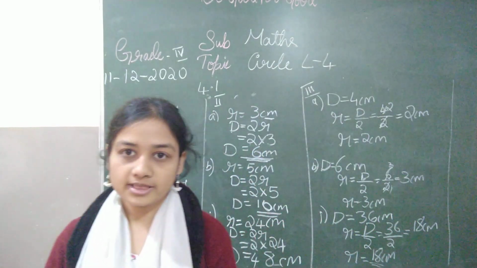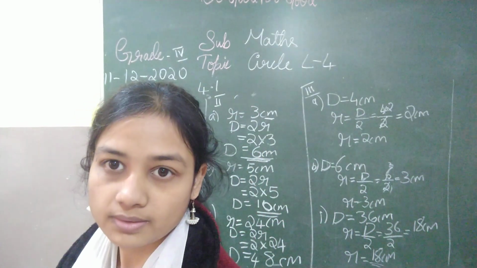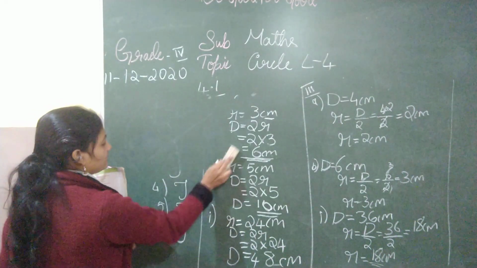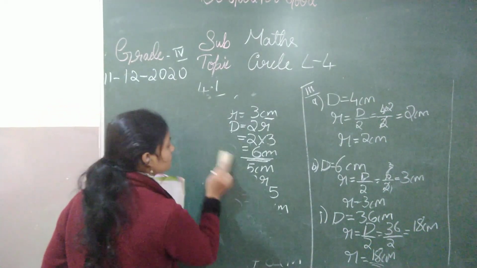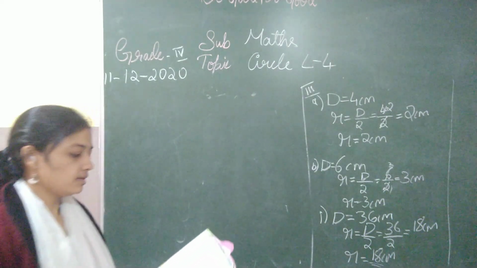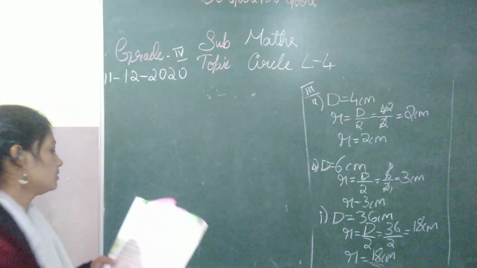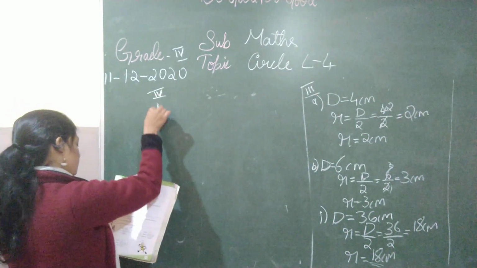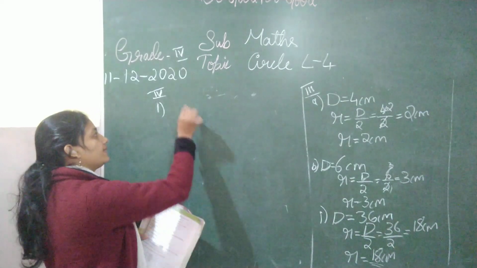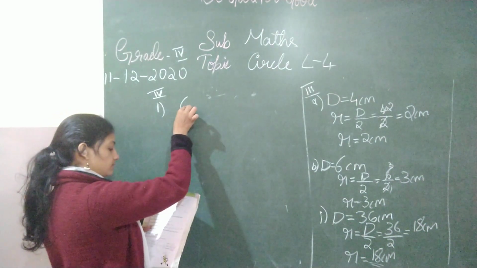Fourth main, fill in the blanks. I'll be writing the answers here. Please copy down in your textbooks. First one, fixed point of a circle is called center of a circle.